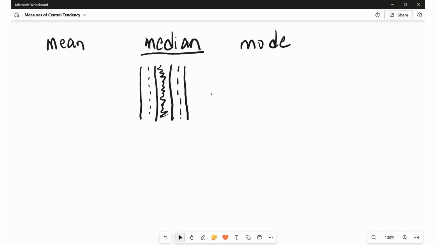Okay, so it kind of looks like a road, like a highway. And when we are driving, the median is right here, and it is in the middle. So that is kind of just the basic definition of median. Median is the number in the middle.